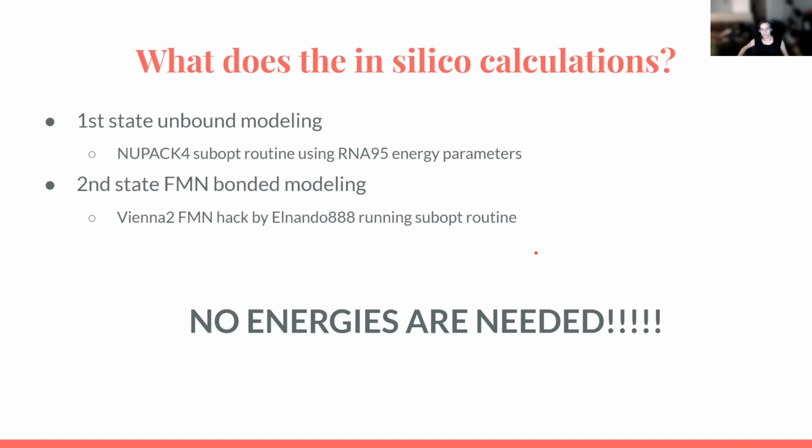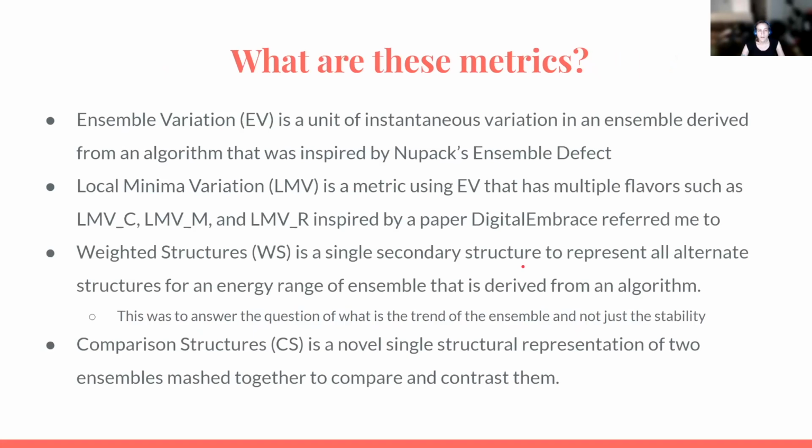It's kind of crazy. All through this EternaCon we've been talking about not using energies as much and starting to go more into structures, and it's actually where I've been going lately. It's an interesting coincidence. So what are these metrics?